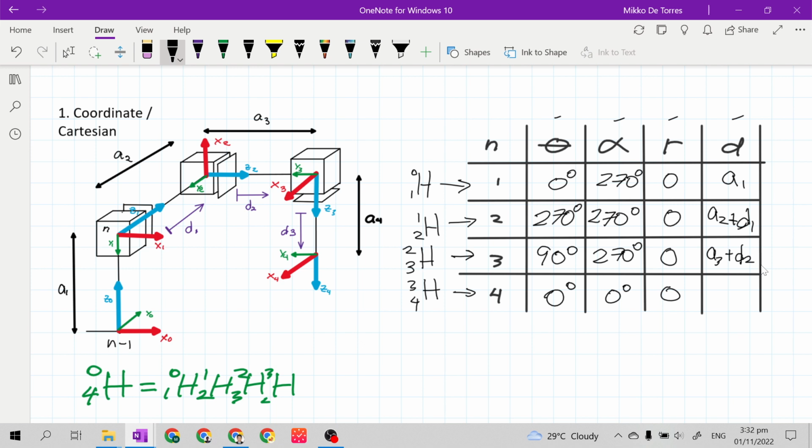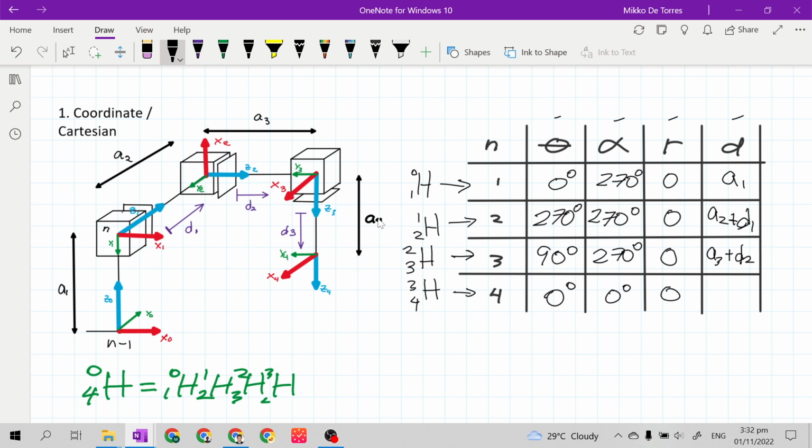Next is the D at the homogeneous transformation matrix of frame 4 relative to frame 3. So the distance between frame 3 and frame 4 along the z sub 3 axis, because z sub 3 axis is the z sub n minus 1 at this homogeneous transformation matrix.